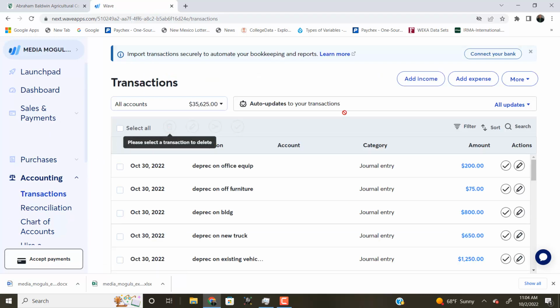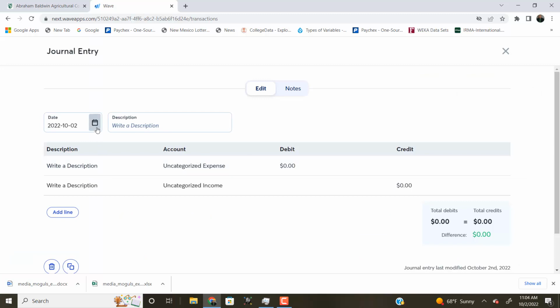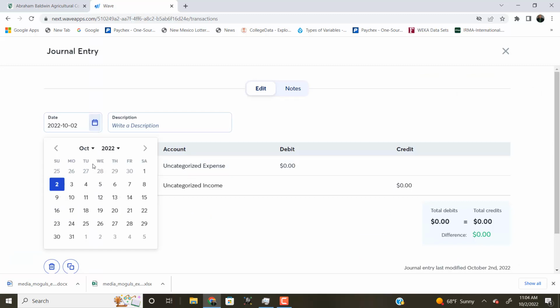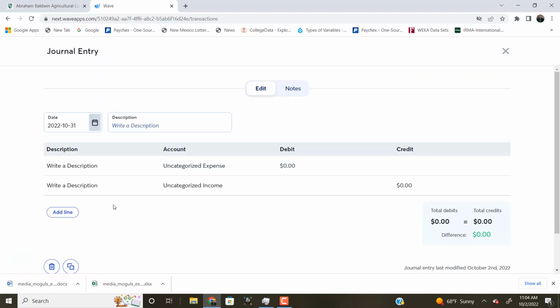I'm going to go to more and create an additional journal transaction and come up here for the date. I'm going to put October the 31st in there for the date. And then I would actually, it's easier. Let me back up. I'm not going to do that. Well, I'll go ahead and do it this way since I've already got it up.